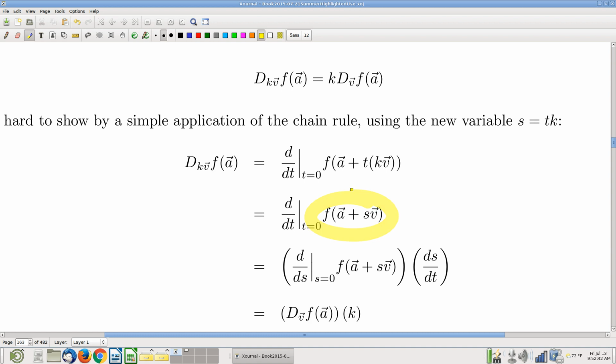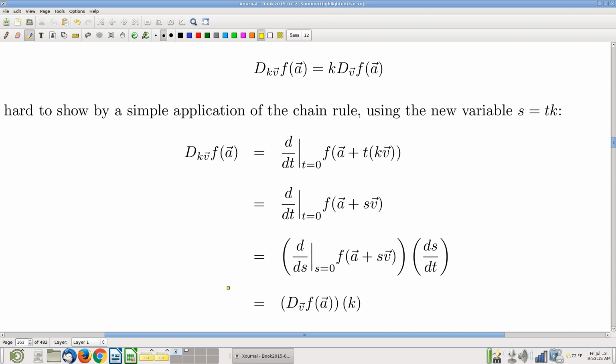This is a function of s, but I'm taking a derivative with respect to t. So the object of my derivative is a function of s. s is a function of t. It's a chain rule problem. So think back to single variable calculus. The derivative with respect to t comes by first taking the derivative with respect to s and then multiplying by the derivative of s with respect to t. Plain old single variable calculus chain rule. Everybody good?